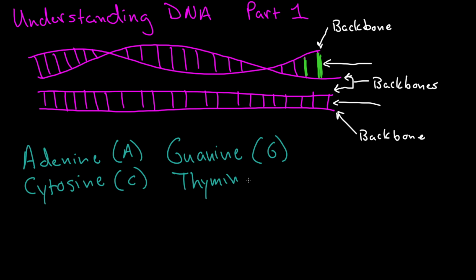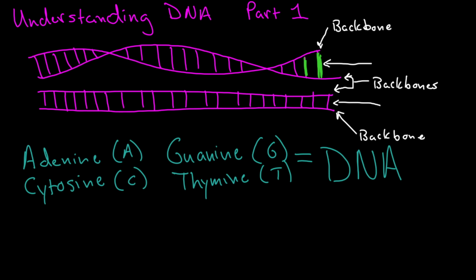Now, these are the four nitrogen bases that make up DNA. I emphasize that they make up DNA because when we get to RNA, it'll be a little bit different. So these are the four bases that make up DNA. You need to memorize these.